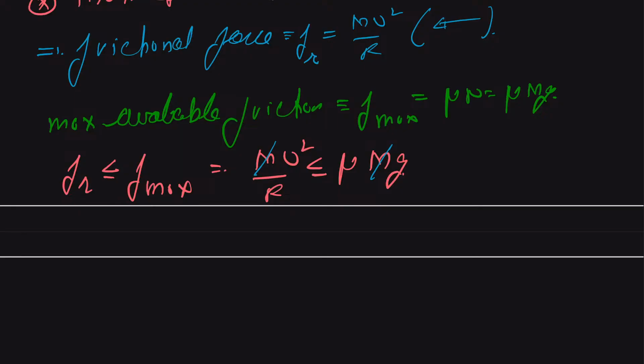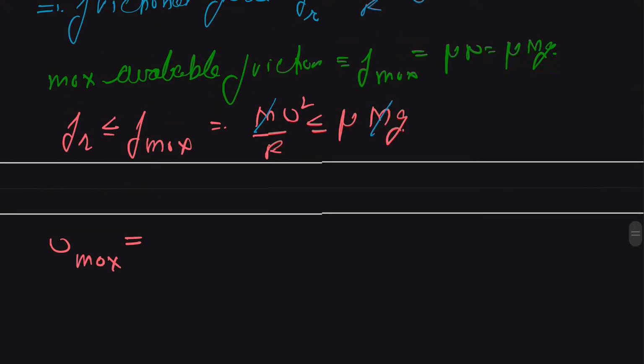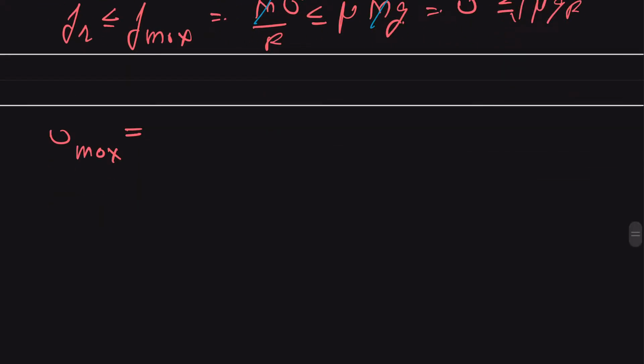So we get that our maximum value of velocity without slipping will be, first of all let me sort it out, we can write this as v square less than or equal to mu g r, or v is less than or equal to square root of mu g r. So therefore the maximum value of velocity will be square root of mu g r, and this is without slipping.